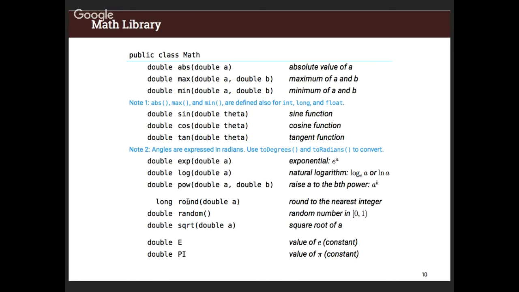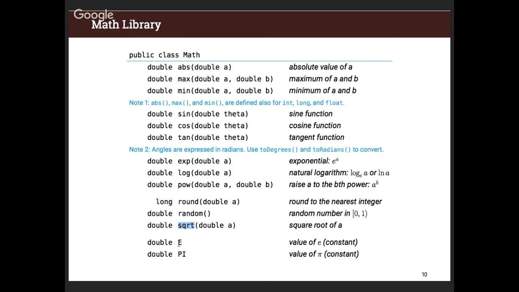The only tricky thing is it doesn't send back an int, an integer. It sends back something called a long, which is short for long integer. So a long is twice the size of an integer. It's still a much bigger number, but for all intents and purposes, it really is an integer. Random we'll get to soon.